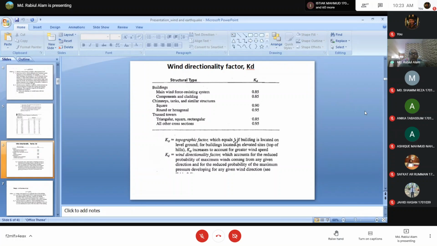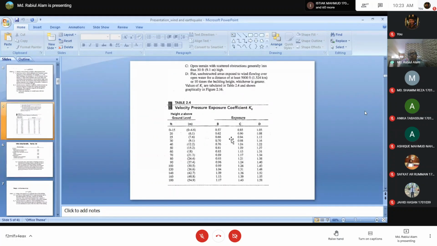Okay, and these factors, ASCE and also ACI and also BNBC, they give these factors' values. Okay, according to ASCE, you see the KZ value, variation of KZ value with different exposure conditions. I don't know whether I mentioned the exposure condition.